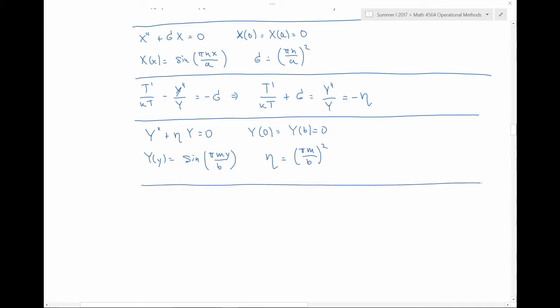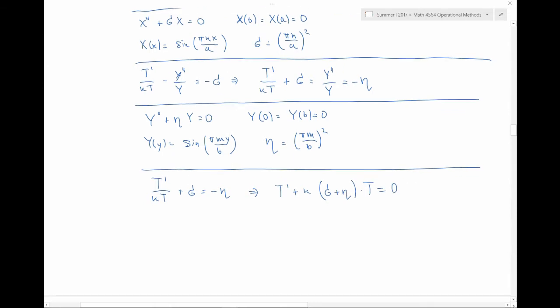Now I can use this information to solve for t. We know that t prime over kappa t plus sigma is equal to minus eta. That's the last form of this equation. Well, this gives us that t prime plus kappa times sigma plus eta times t should be 0. We don't have any initial conditions on t, so the solution is going to be some kind of a constant.